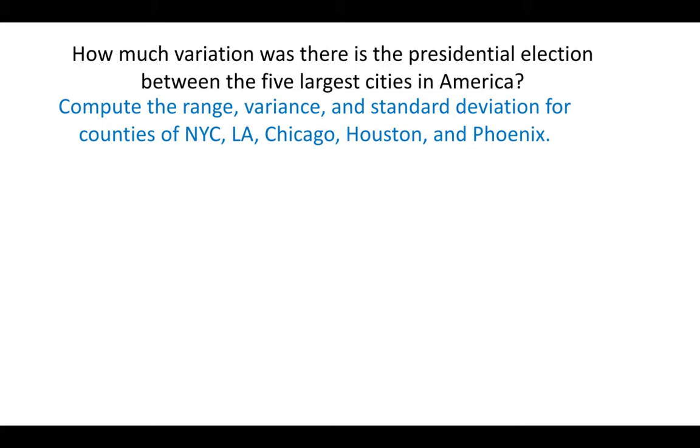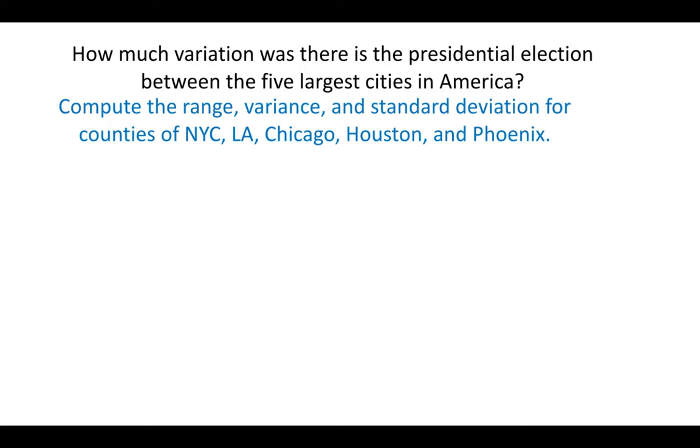Typically we think of large cities as very democratic. That's been the case for a long time. Large cities like New York City, LA, Chicago, those are very democratic cities. And also part of the reason why we have an electoral college is so those large cities don't outweigh all of the smaller states like the North Dakotas and Colorados and Hawaii's and all those. They still get some say.